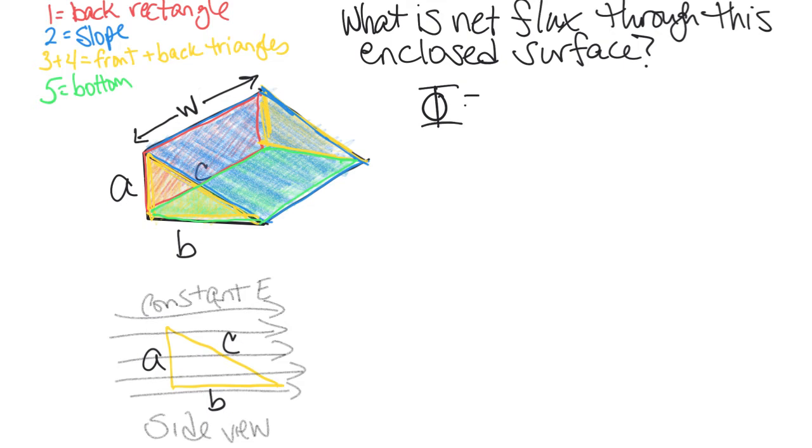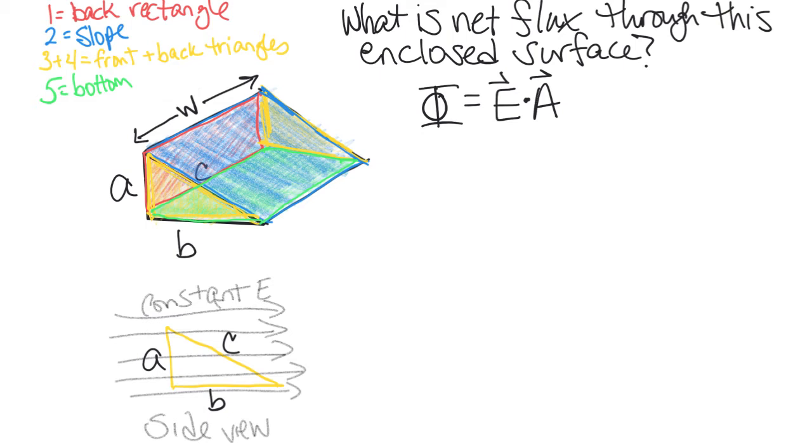Flux is the electric field dot the area. And when we talk about that dot product, we're really talking about a projection.